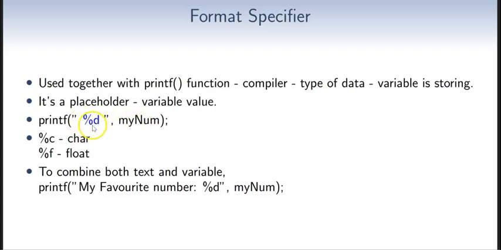This %d is used inside the printf function, which means %d indicates integer. This mynum is storing an integer value. This is just telling the compiler that mynum is storing an integer value. That's all. It's just a placeholder of a variable value.